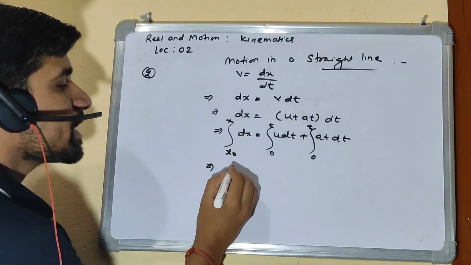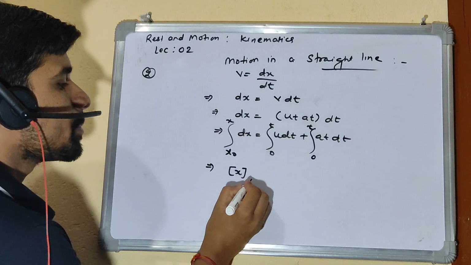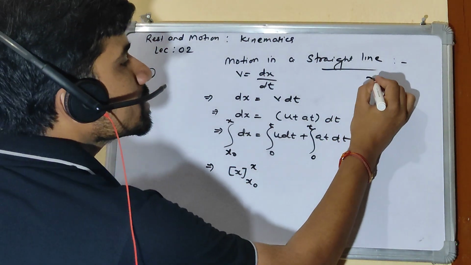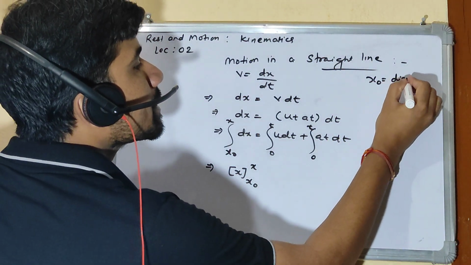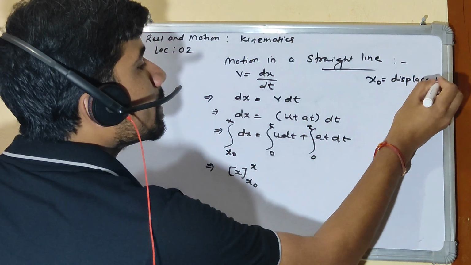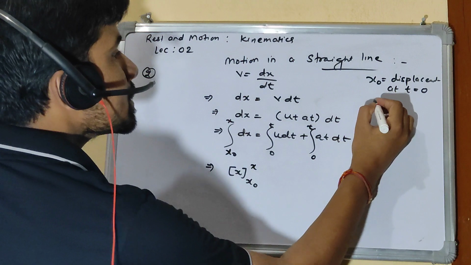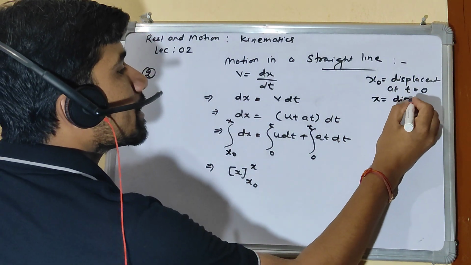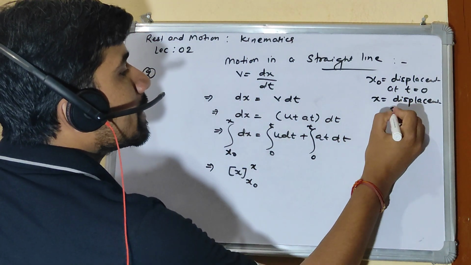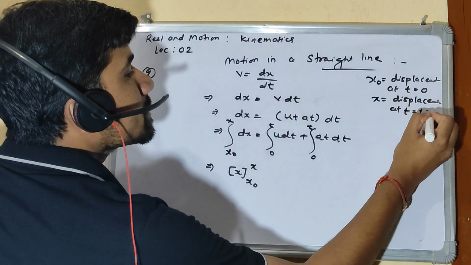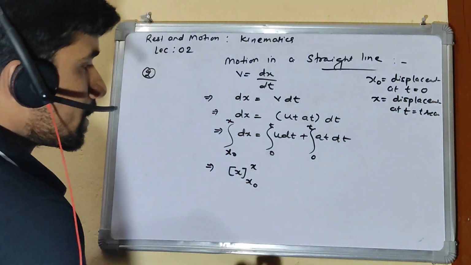Now integration of dx is x. Limit is from x naught to x. x naught is displacement at time equal to 0, and x means displacement at time equal to t seconds, right?